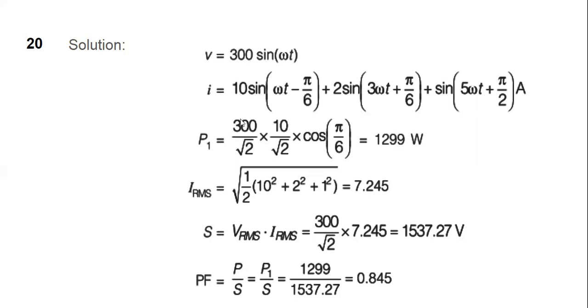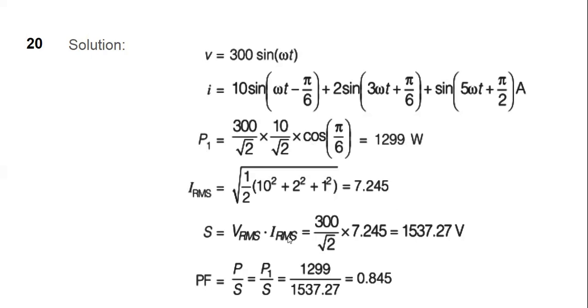So the fundamental real power will be 300 by root 2 into 10 divided by root 2 into cos of π/6. If we calculate the value, we will get the fundamental power as 1299 watts.